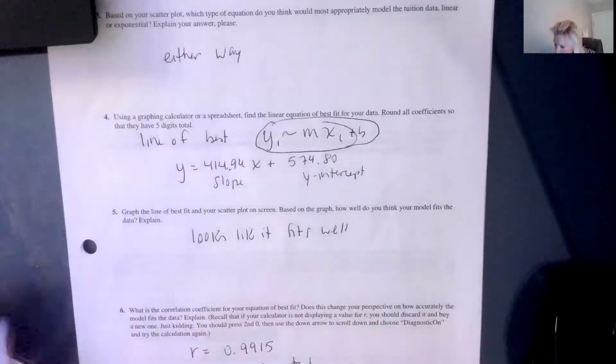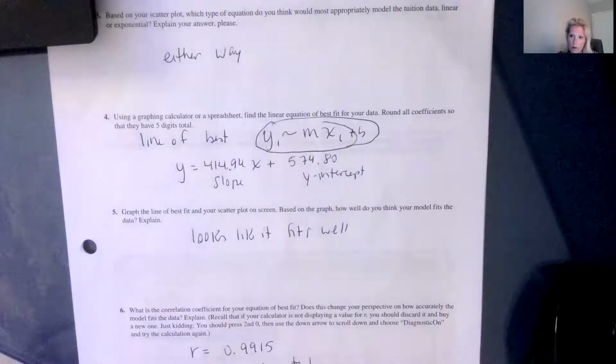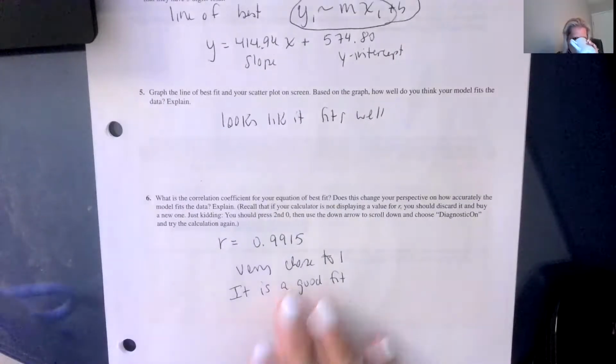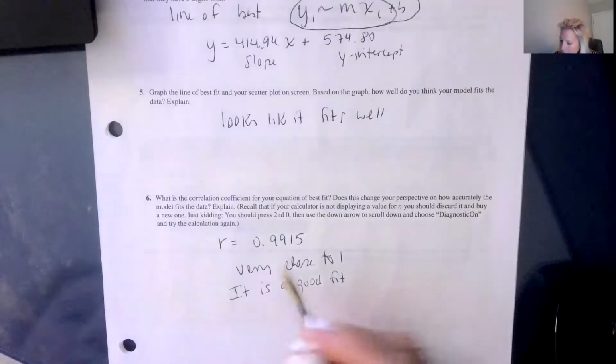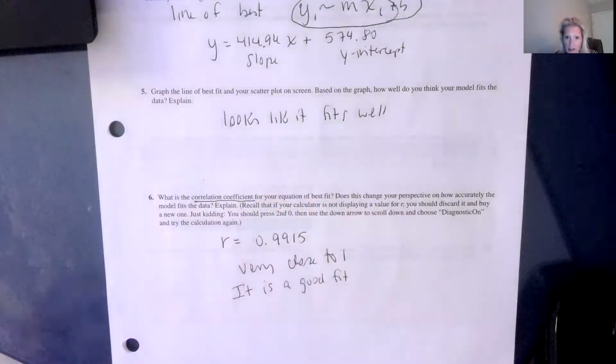Then when I looked at the scatter plot, I thought it looked really well when the line of best fit went over my scatter plot. And then number 6, looking at my correlation coefficient, being very close to 1, this is my correlation coefficient. I think it looks like it's a good fit so far. So let's flip the page.